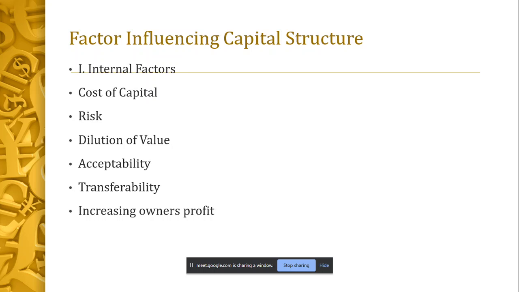Then it becomes necessary that we go in only for debt, so that once I pay the interest, whatever remains belongs to the owners. But in equity, that is not going to happen. So the decision regarding whether we have to increase our owner's profit also influences the capital structure.